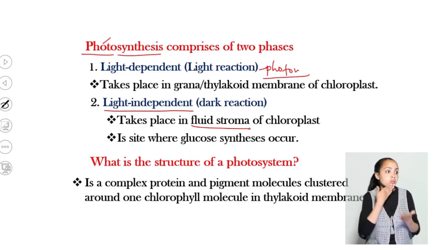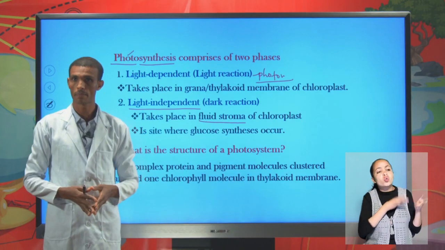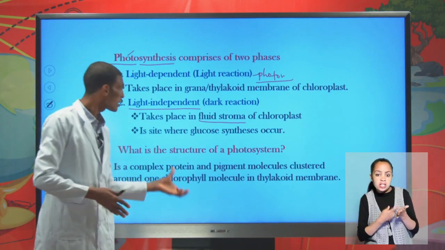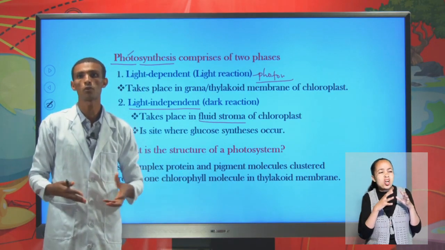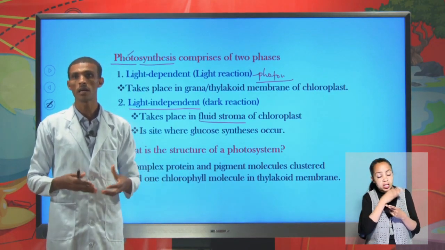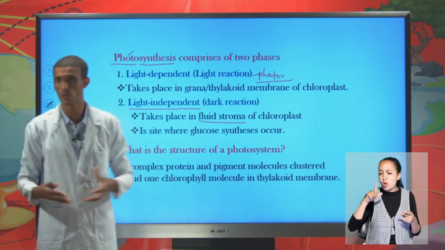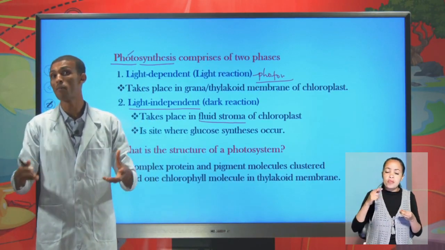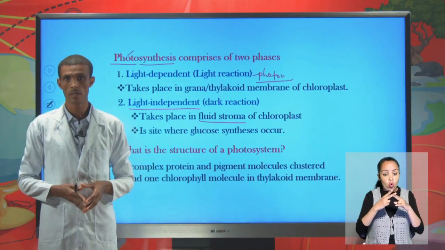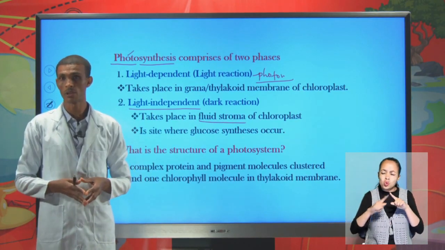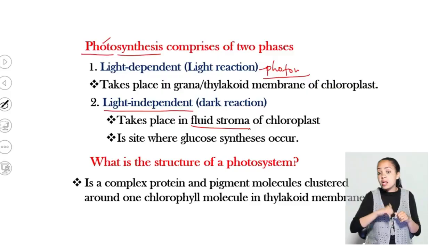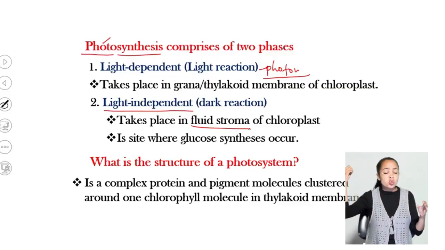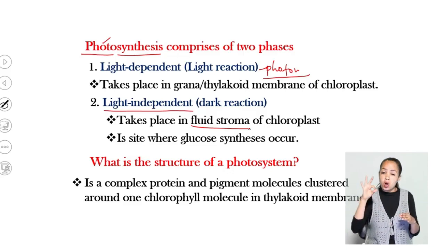Students, what do you think photosystem means? It is a photochemical unit where a complex of proteins and pigment molecules clustered around a chlorophyll molecule in the thylakoid membrane is said to be a photosystem. There are many chlorophyll molecules with cofactors such as magnesium, and many photosensitive pigments found in the thylakoid membrane.